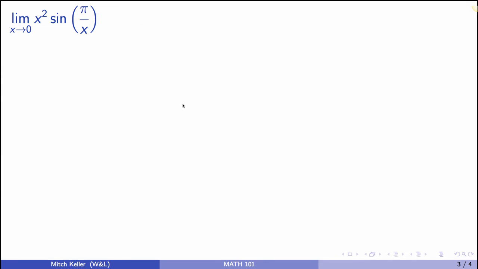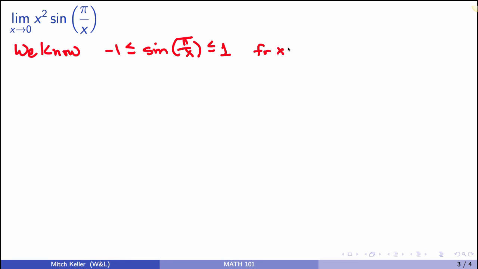Let's come over here. So we know that -1 is less than or equal to sine of pi over x is less than or equal to 1 for x not equal to 0, because this is not defined if x equals 0.